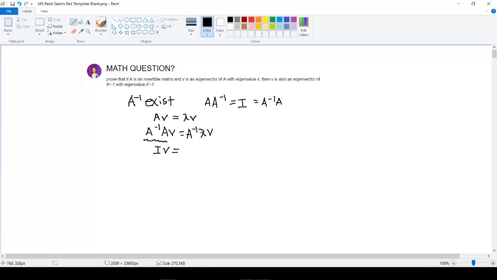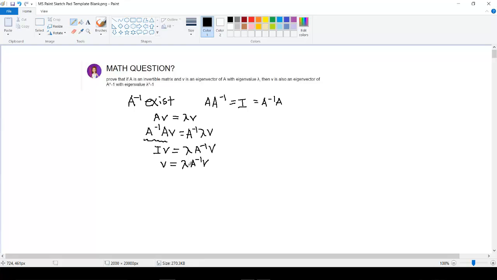So this number can easily be moved out front of A inverse without changing the result at all. So this is equal to lambda times A inverse times V. Now, the identity matrix times anything just returns whatever it's multiplying. So that's V equals lambda A inverse V.